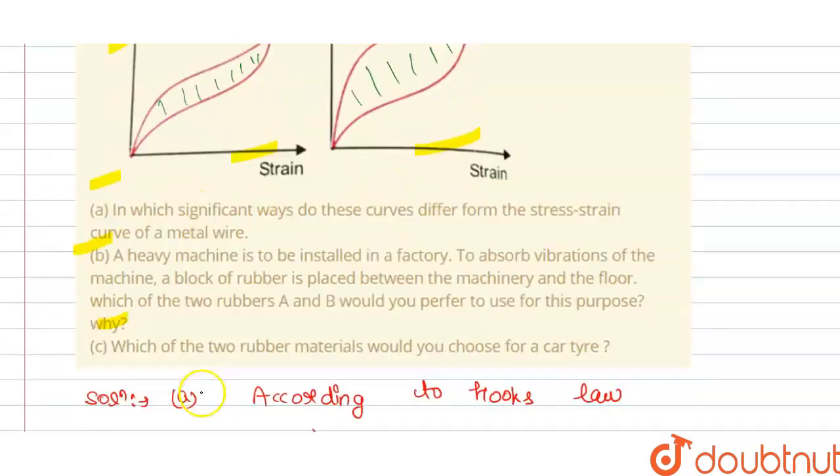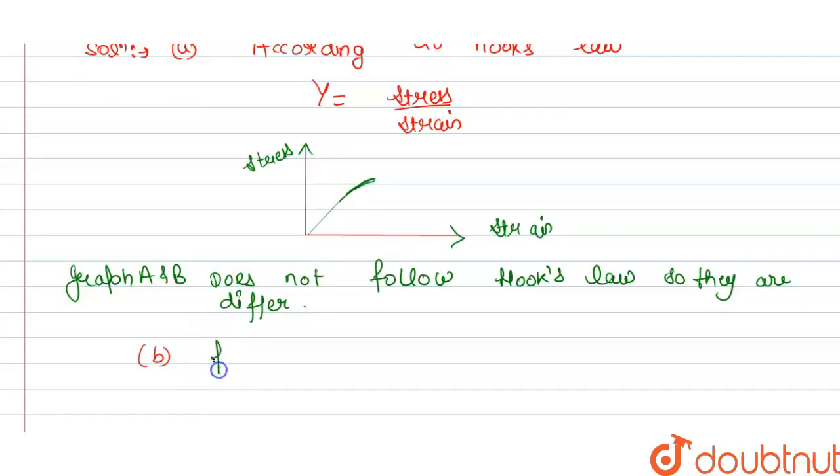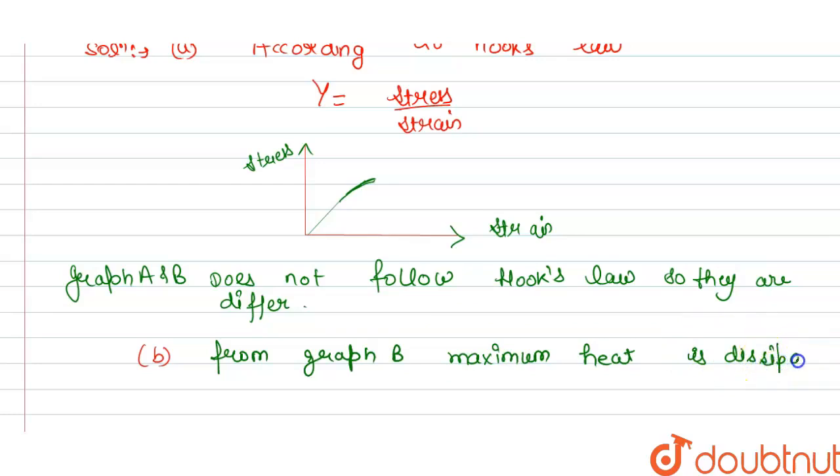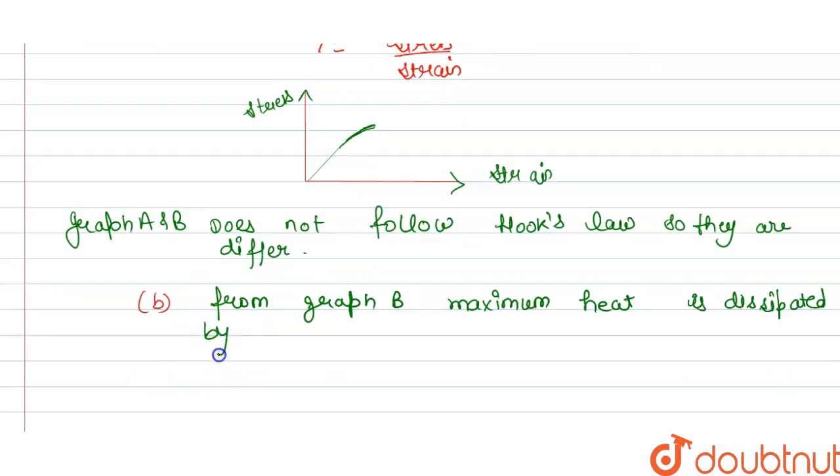So clearly it is seen from graph B that maximum heat is dissipated by this material. So we can write here we use rubber of type B in the factory.